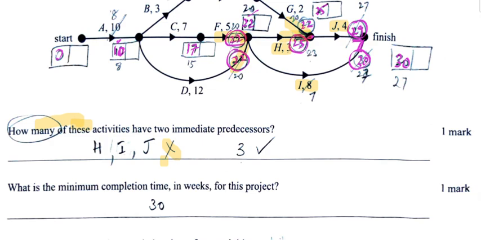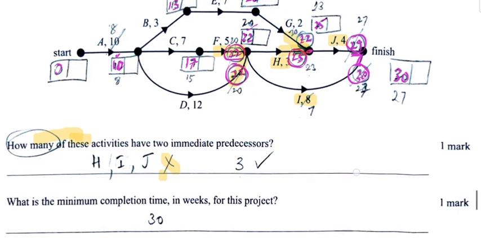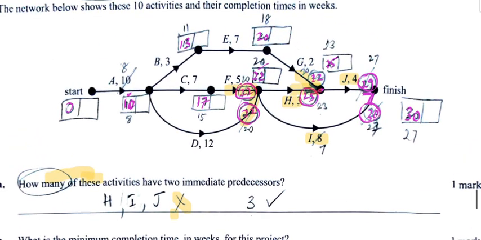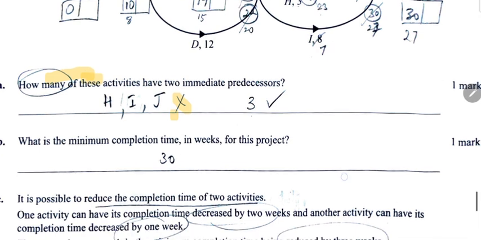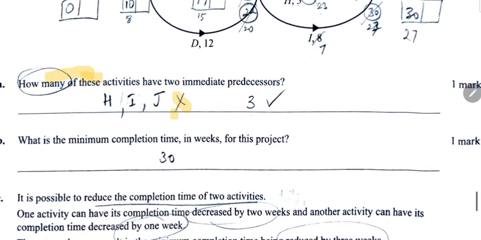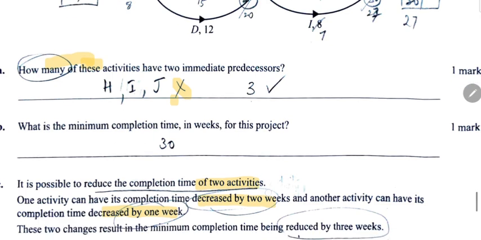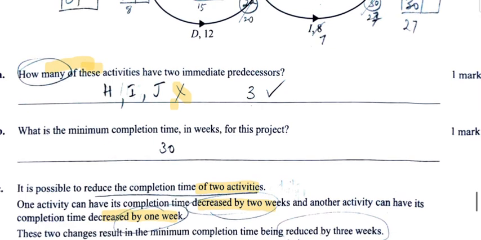And then part C goes on to tell you that it is possible to reduce the completion time of two activities. One activity can have its time decreased by 2 weeks, and the other one decreased by 1 week. And these two changes result in the minimum completion time being reduced by a total of 3 weeks.